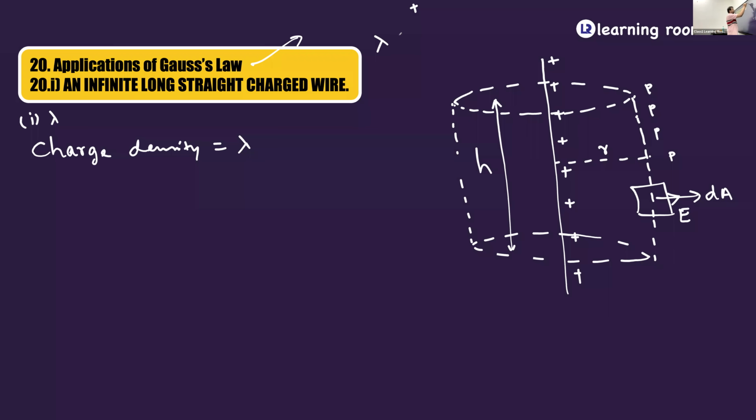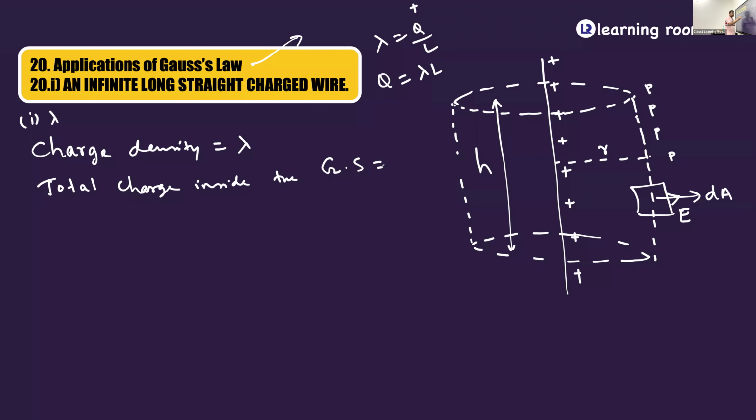Lambda is equal to Q divided by L, so Q will be equal to lambda into L. In this case, the total charge inside the Gaussian surface is the linear charge density multiplied with the length of it, which is h. Am I clear with this? What is the next step?